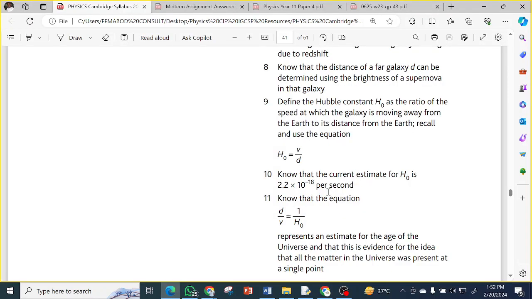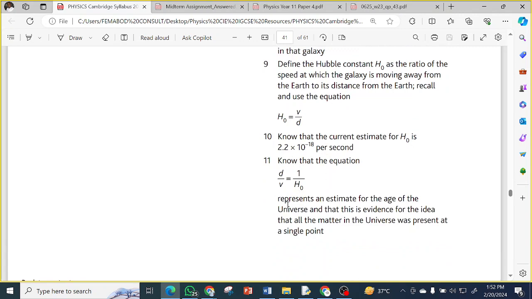Then another thing is this equation. Look at how they rearrange the Hubble constant. They turn the Hubble constant to an inverse, so they inverted V over D to D over V. And this formula represents the approximate age of the universe. In like 3 past questions now, they have asked learners to calculate the approximate age of the universe.